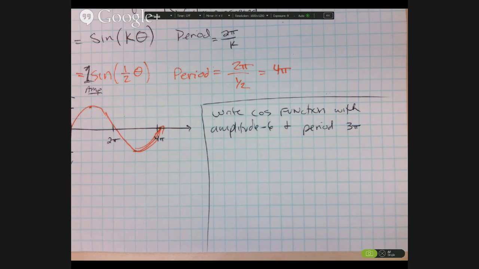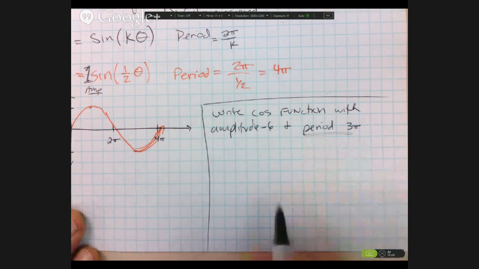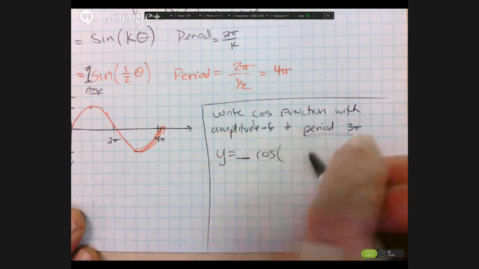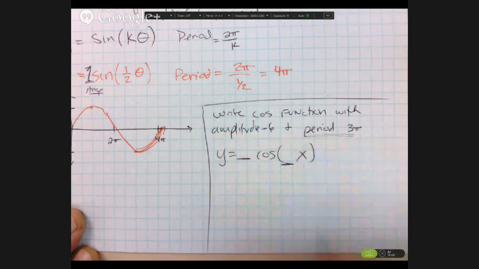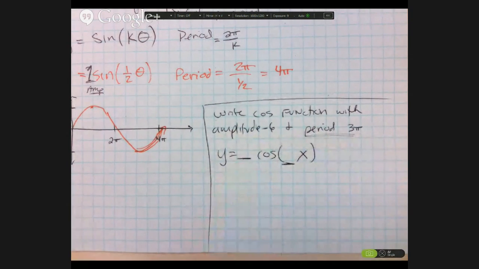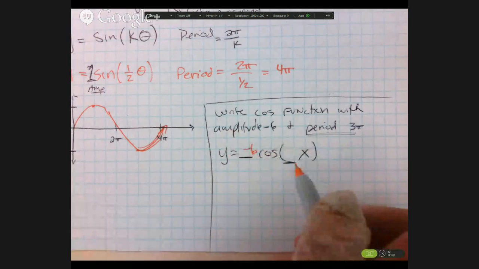All right, so we need two numbers, amplitude here, right? So -6. But how do I figure out the K value?